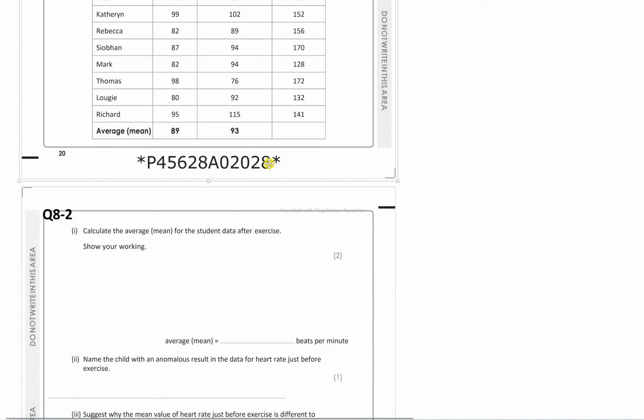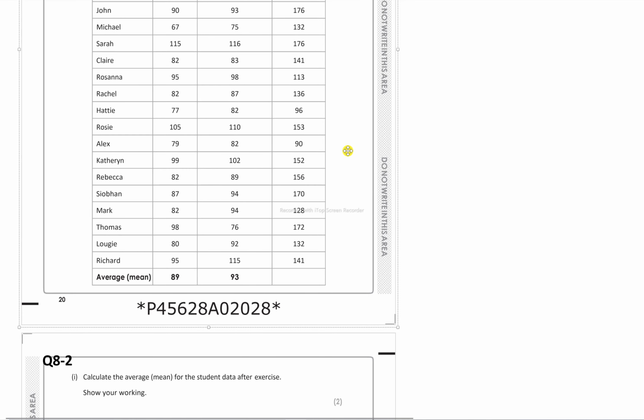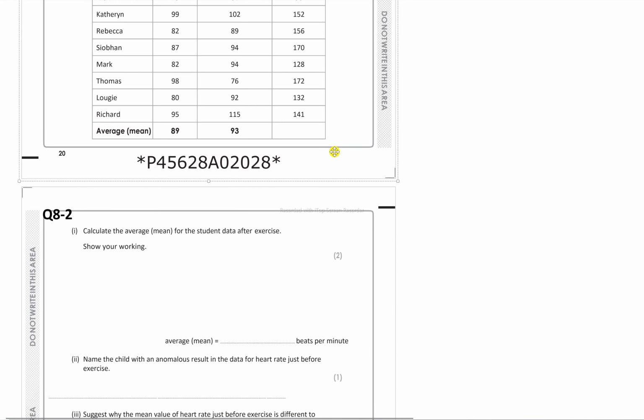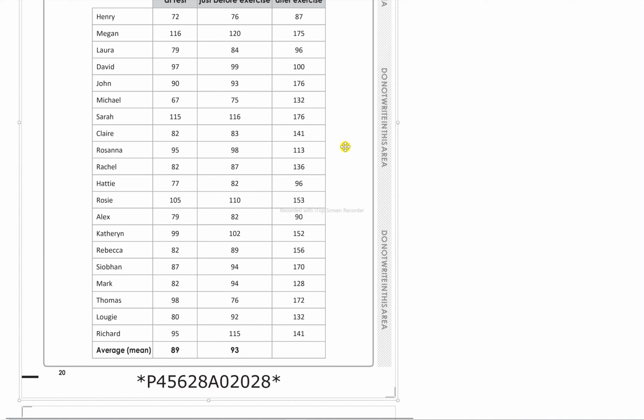Okay, calculate the average after exercise. So okay, so this is simple. So if you work out, right, you see the thing is there's an anomalous result. Which one is it? 72, 72?